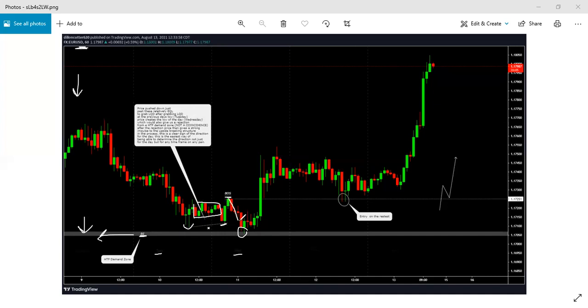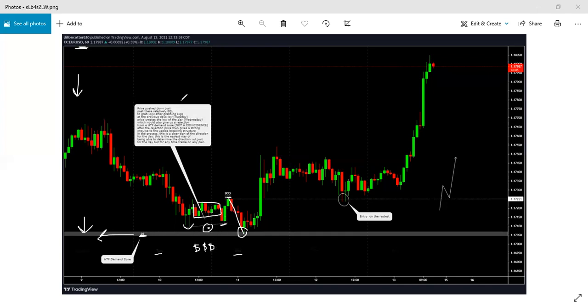So with this push down here, we're grabbing this liquidity. And what is liquidity? It's just money. It's where orders are sitting, right? So price is magnetized towards money, towards orders, towards liquidity, right?